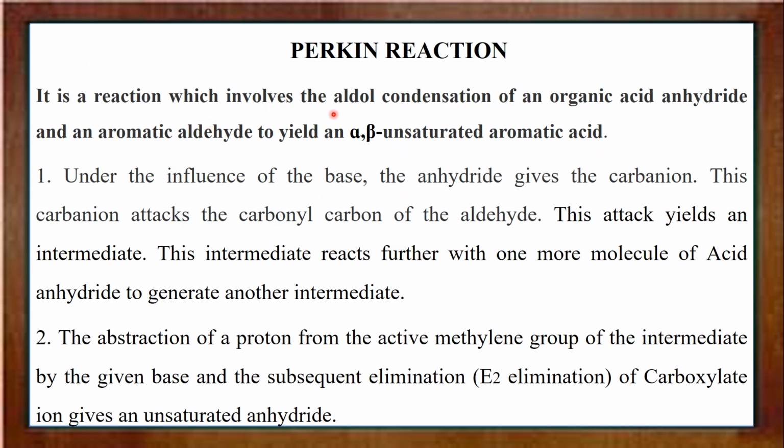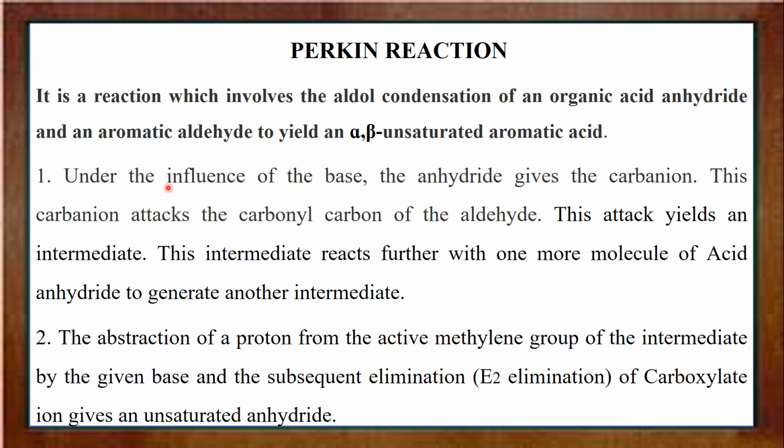Perkin's reaction is an aldol condensation of an organic acid anhydride with an aromatic aldehyde to give an alpha beta unsaturated aromatic acid. This reaction involves three major steps. The first step: under the influence of a base, the acid anhydride generates an enolizable carbanion.